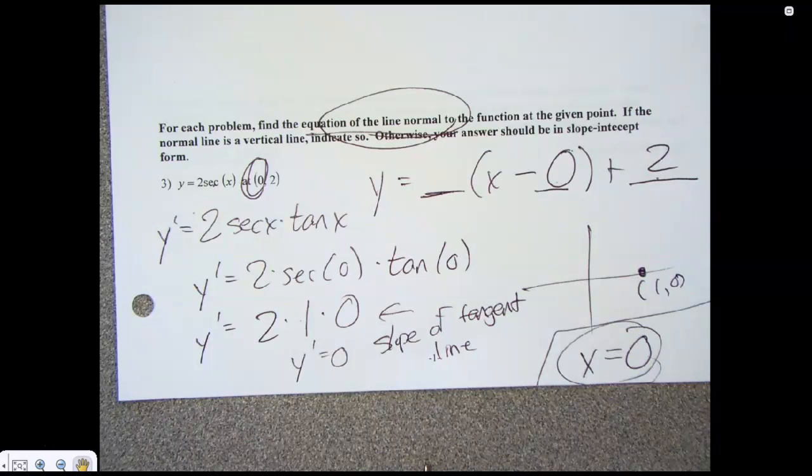Let's do more. I want to save some for you to do without me. There's 4 of them, so let's do 11.